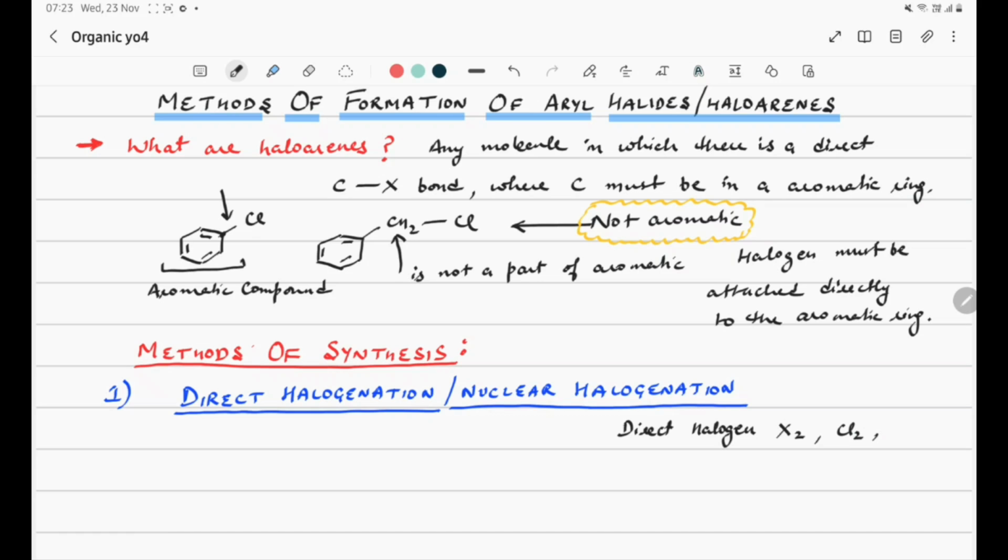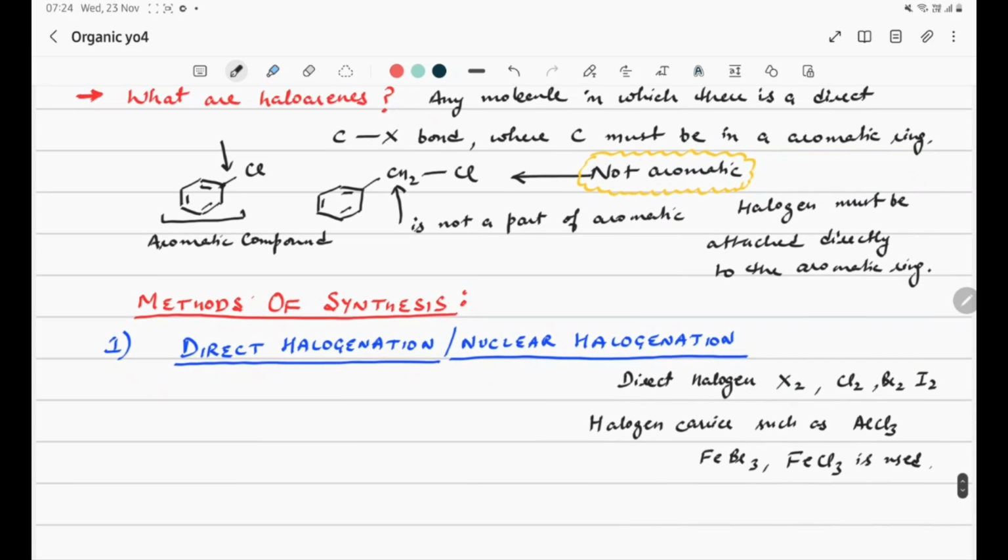These halogens are chlorine, bromine and iodine, and a halogen carrier is used, such as AlCl3 aluminium chloride, ferric bromide, and sometimes FeCl3.